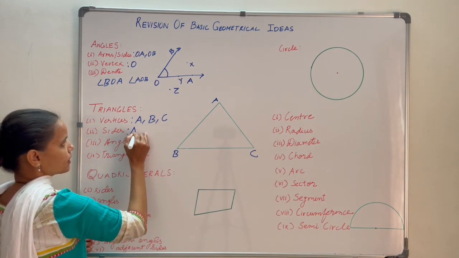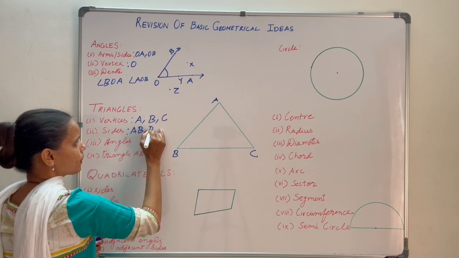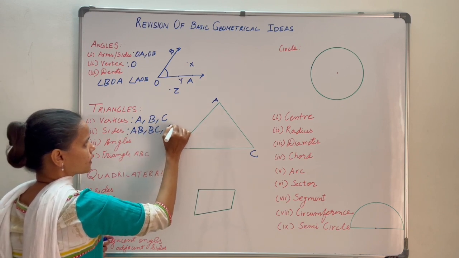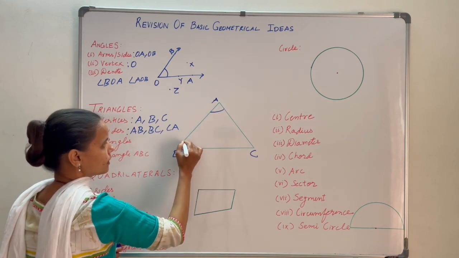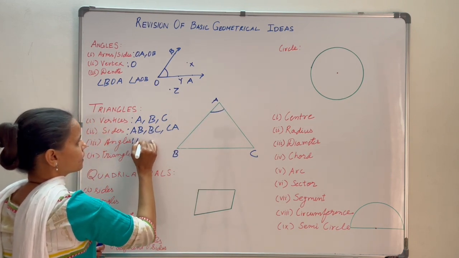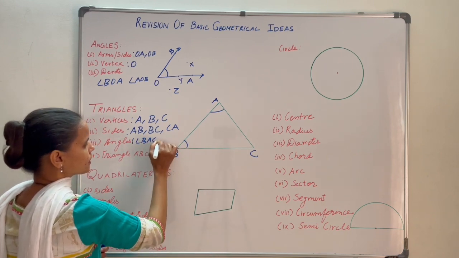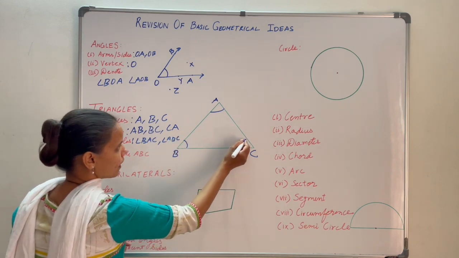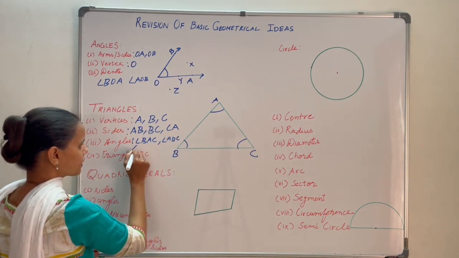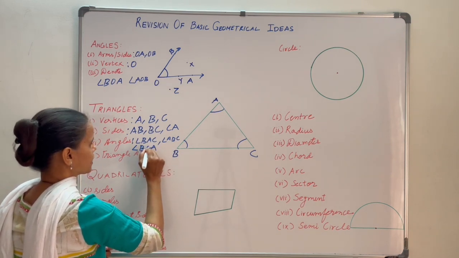So the sides are AB, BC and CA. AB, BC and CA are the three sides. Similarly, you have the three angles. This angle is angle BAC, and this angle is angle ABC, and this angle, we make this angle symbol and we write it as BCA.